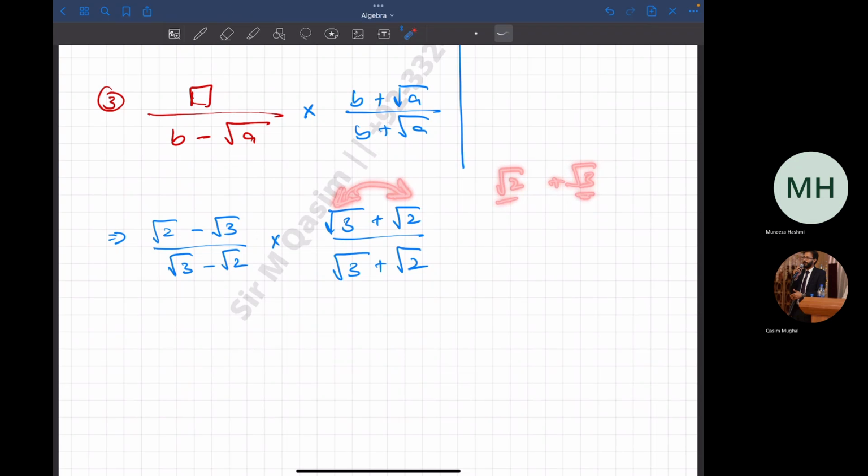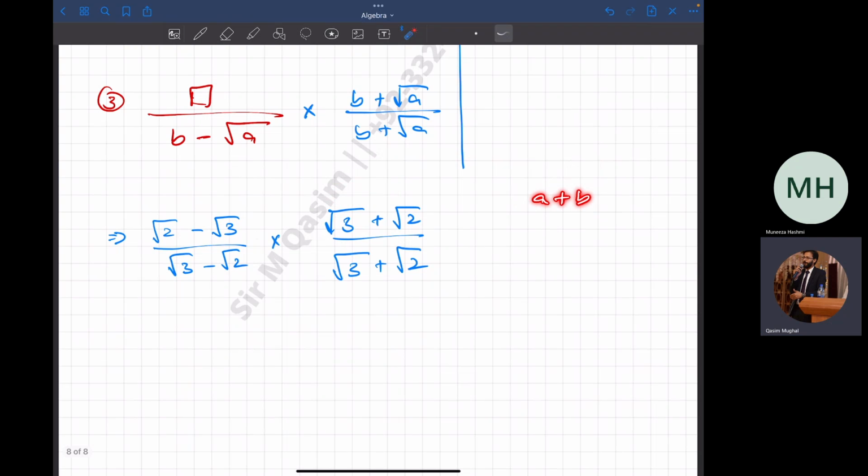A plus b is the same as b plus a, isn't it? So I can rewrite the numerator part as root of 2 plus root of 3.